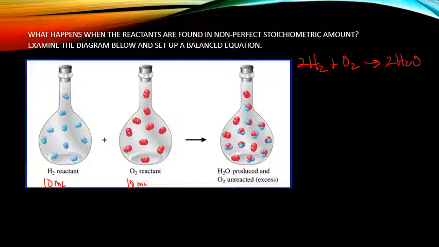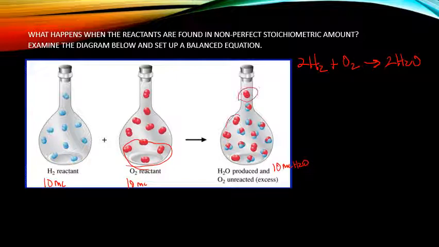So at some point in this reaction, we're going to have one of those 2 reactants run out. And this is a concept that we're going to talk about, which is called a limiting reactant. So when I look at my product vessel, you'll notice that I have now 1, 2, 3, 4, 5, 6, 7, 8, 9, 10 molecules of water that are produced, but I also have some of the oxygen molecules that are left over.